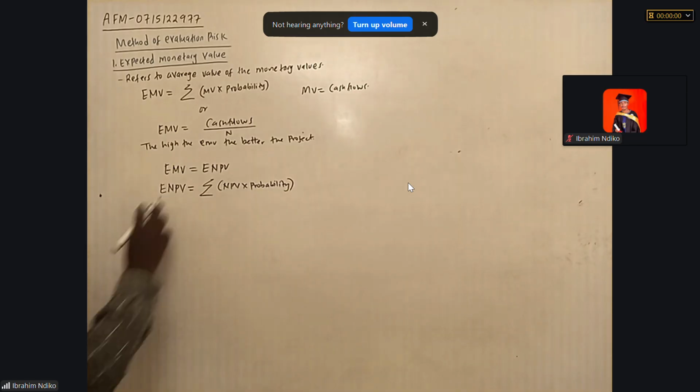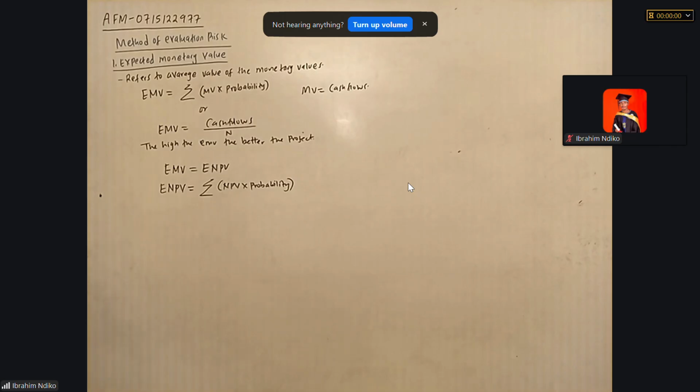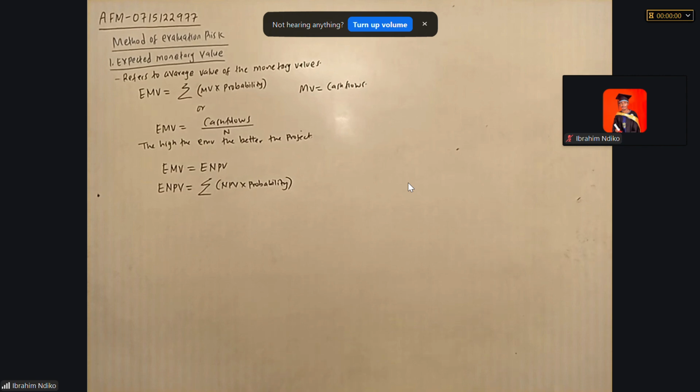So expected net present value is the same as expected monetary value because it's the benefit. They can use the word monetary value, or they can use the word present value, expected net present value. Whichever term they decide to use, that is the formula.